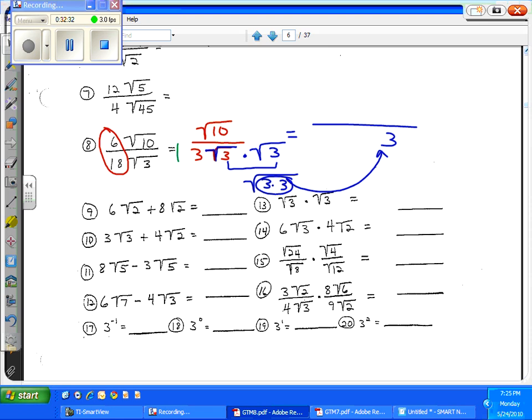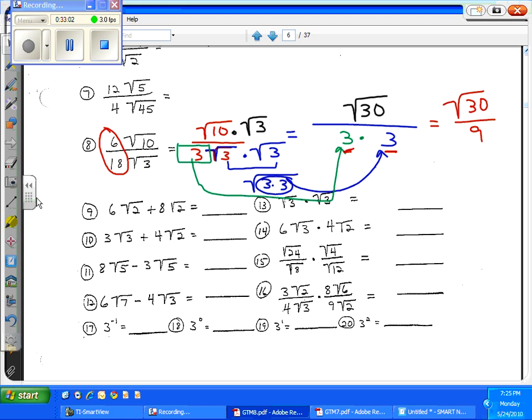But this particular one already had another 3 out there, so it's out there with the 3 that we popped out from the set. What you do to the denominator, you must also do to the numerator to make equivalent fractions. And so on the top, we get square root 30. The 3 times the 3 is 9, so what we have is square root 30 over 9.